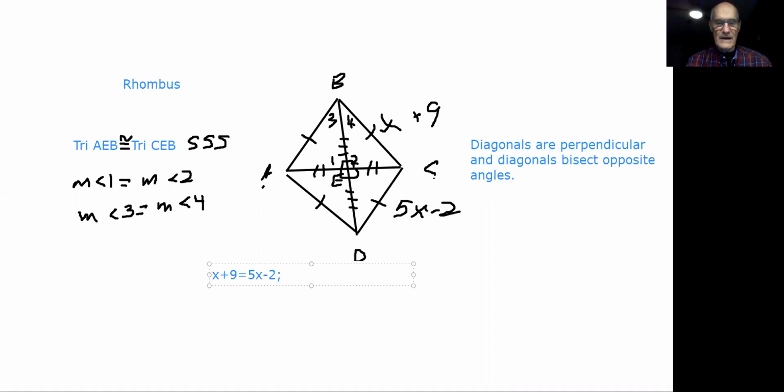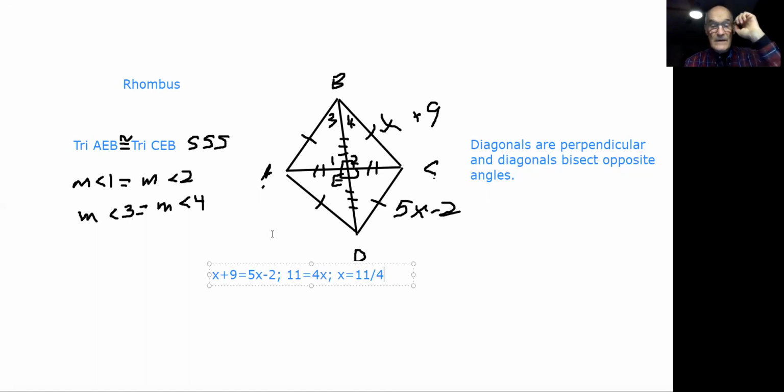If I take the x across, I have 11 equals 4x, and that gives me x equals 11 divided by 4. This is a type of problem we can run into when we're looking at rhombi, the plural.